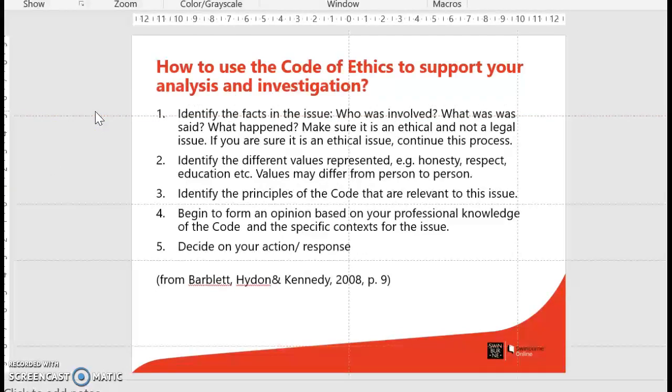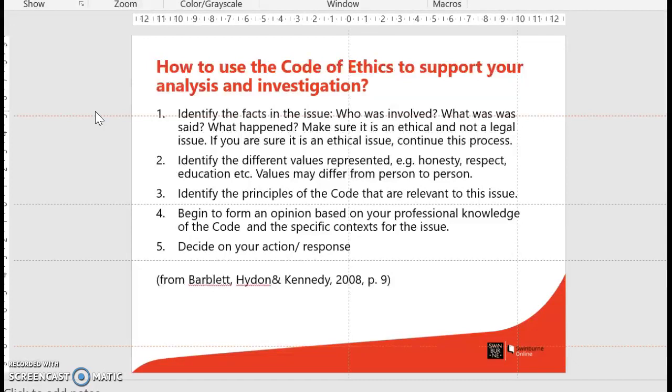So how to use the Code of Ethics to support the analysis of this investigation. You can have a look at the Code of Ethics, and I've downloaded the Code of Ethics brochure in the week 5 weekly activity, which really summarises it quite well. I don't want to see direct quotations from it throughout this case study.